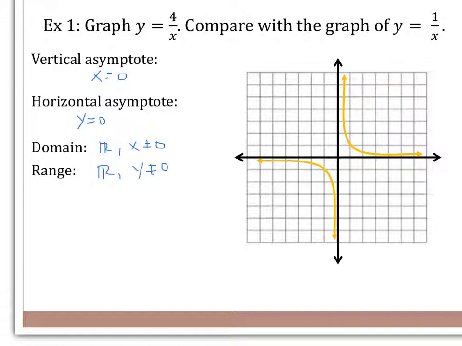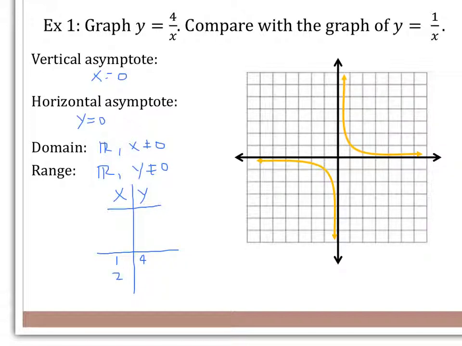So we're going to make our chart like so. I'm going to use 3 points on each side like I did before. But you want to be careful with choosing your x's here because remember you're dividing into 4. If x is 1, y is 4.